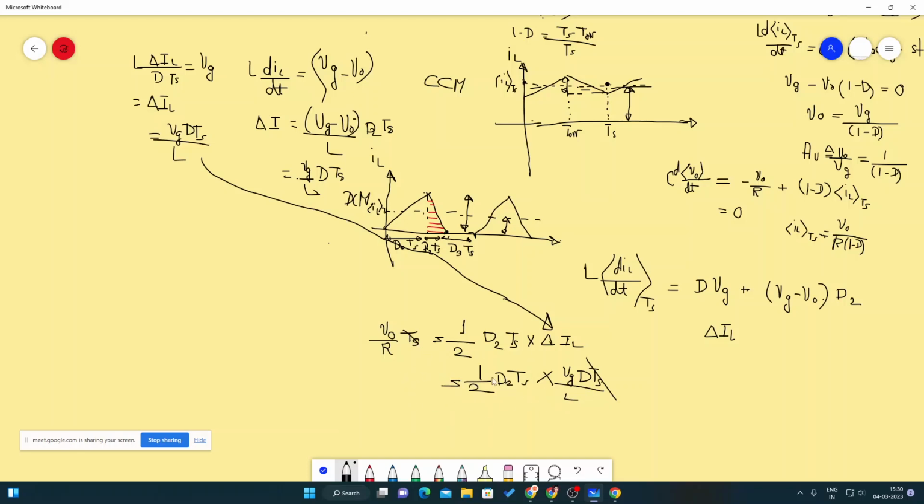This is the one expression, and another expression you will obtain from making this expression to be 0 under steady state condition. From there you will get the steady state gain expression under DCM condition. So this is the difference between CCM mode of operation steady state analysis and DCM mode of operation steady state analysis. So you can also do the same.